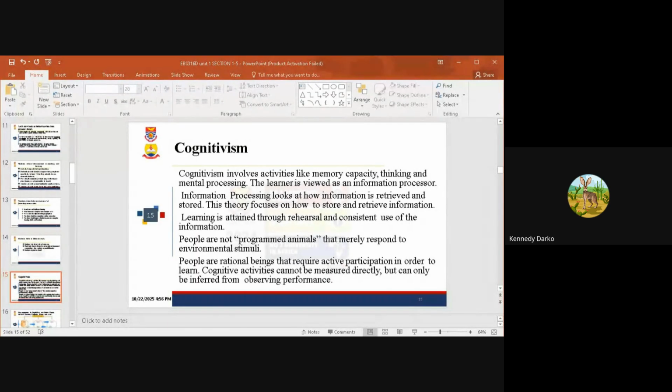Memory capacity, thinking and mental processing. So here, what is the learner going to do? The learner is viewed as an information processor.